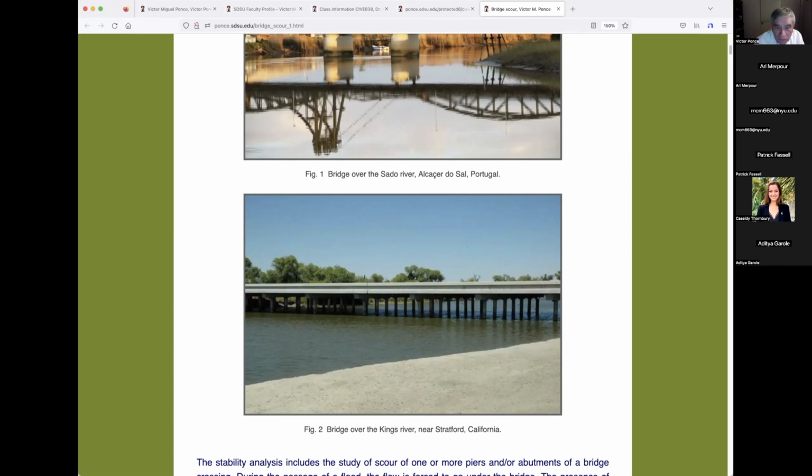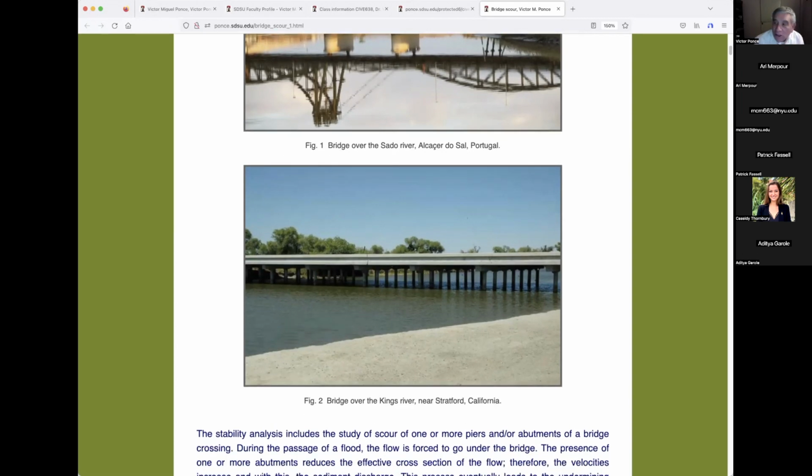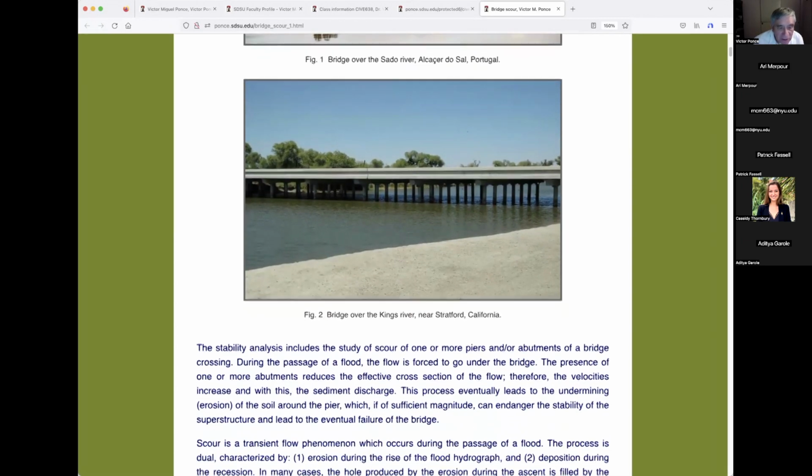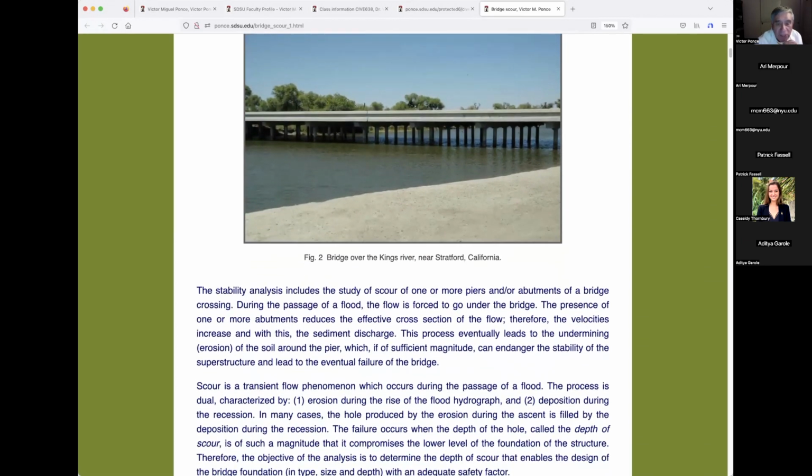So north of Tulare Lake is the Kings River. So this is the Kings River. And the Kings River is a tributary of the San Joaquin, which moves north and then eventually drops its water into San Francisco Bay. So stability analysis includes the study of scour of one or more piers of a bridge crossing.